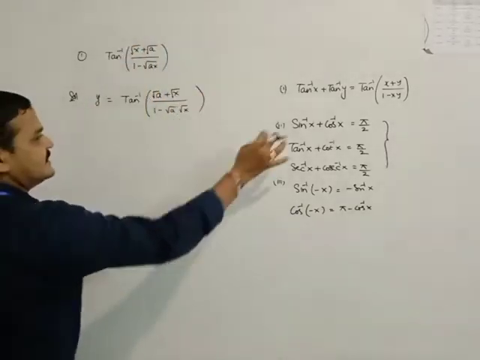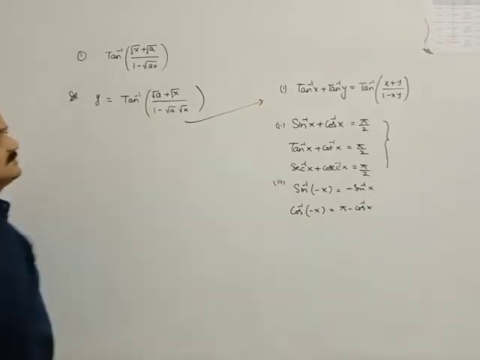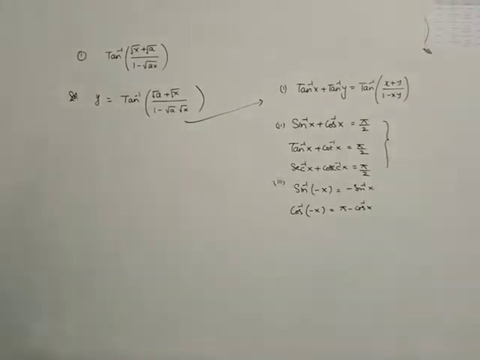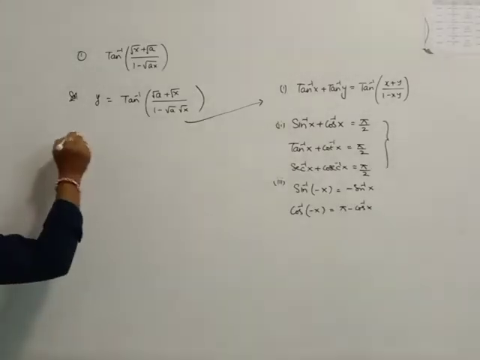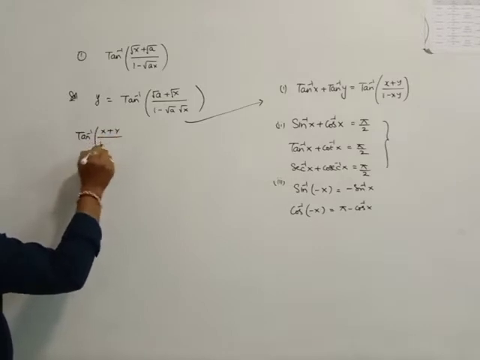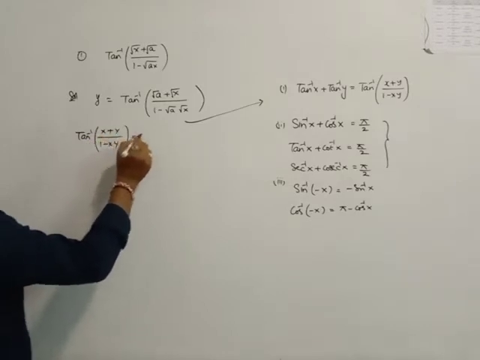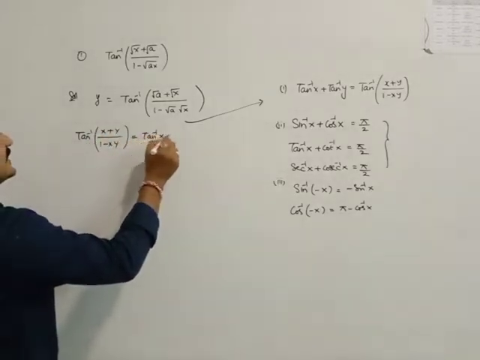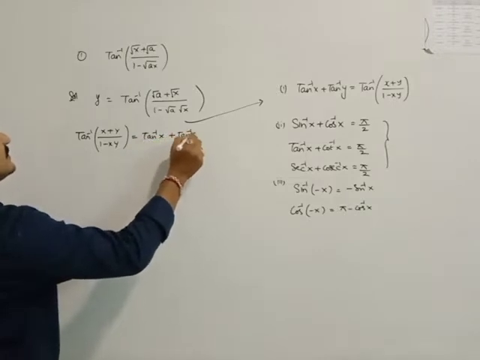See, this is related to this one: tan inverse of (x plus y) by (1 minus xy). You know that tan inverse of (x plus y) by (1 minus xy) is equal to tan inverse of x plus tan inverse of y.